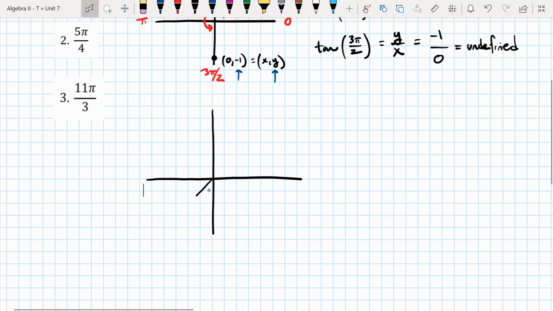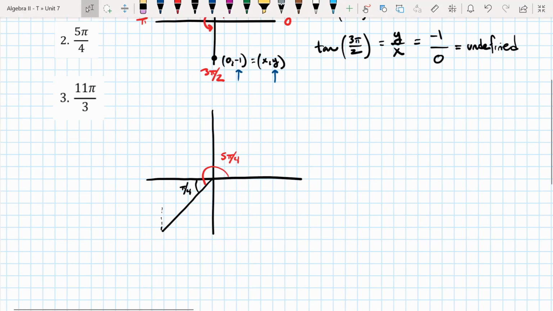Well, 5 pi over 4 is going to be down here. And this reference angle is going to be pi over 4. So this whole angle here is 5 pi over 4. And we're going pi over 4 more than pi. So we're down here in the 3rd quadrant.